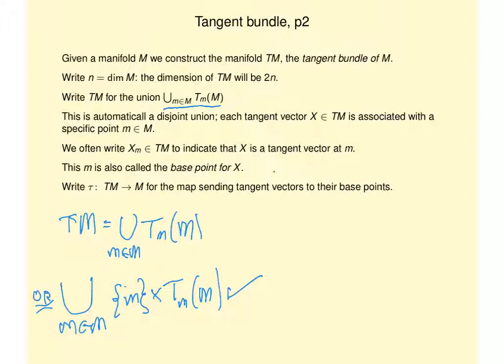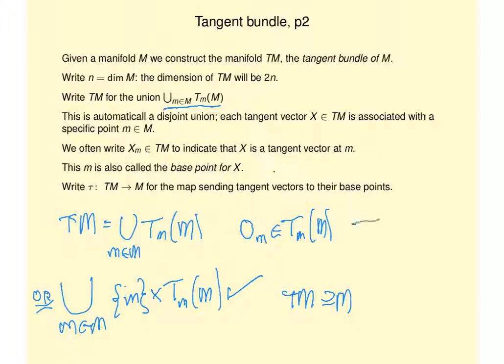That makes absolutely explicit that M is actually a submanifold of TM. Back in this picture here, I'd say that the zero in a particular tangent space is an element of the tangent space.